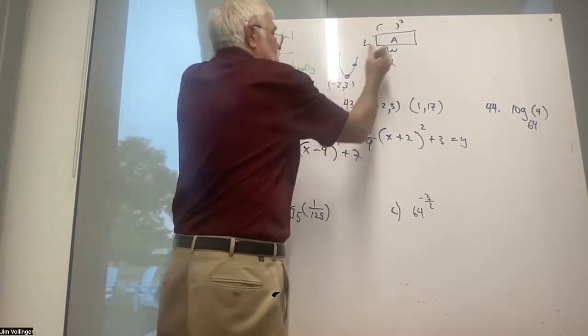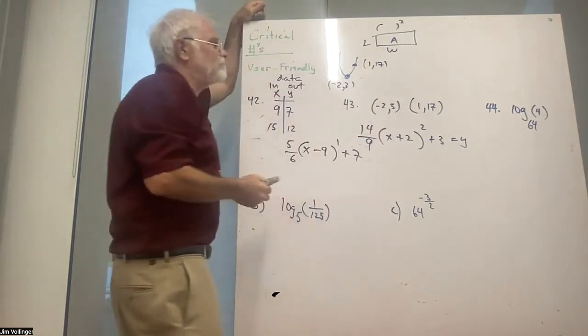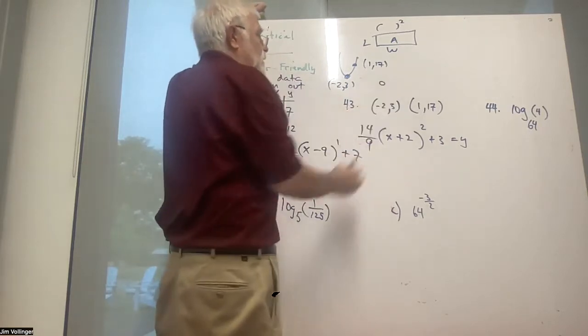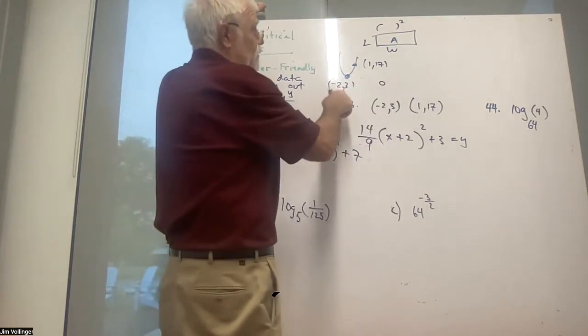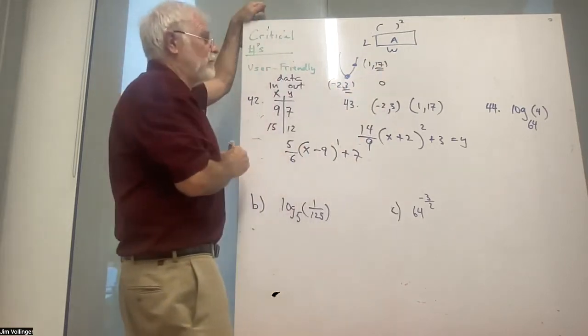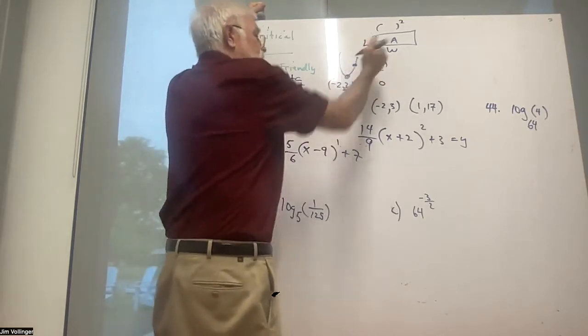So let's put 1, 17 here. And it's always good to check it with, maybe we'll look at the Y axis where X is 0. All right, because if this is true, then a 0 should give me a number, an output between 3 and 17, because 0 is between -2 and 1. So it should be bigger than 3 and less than 17.